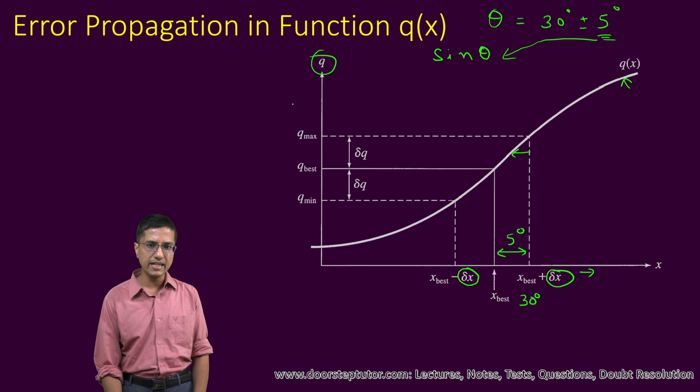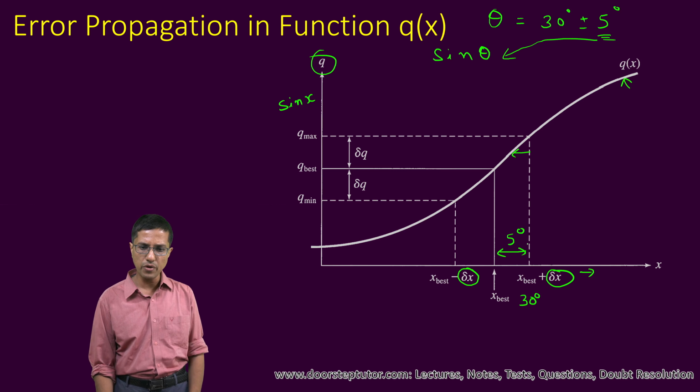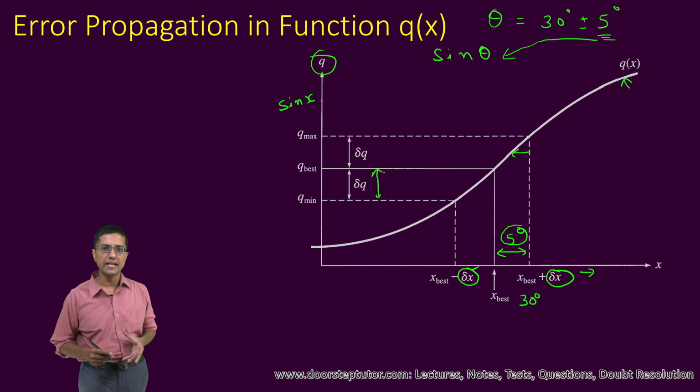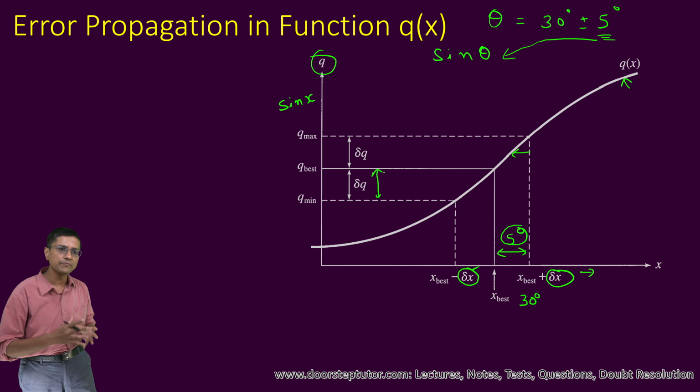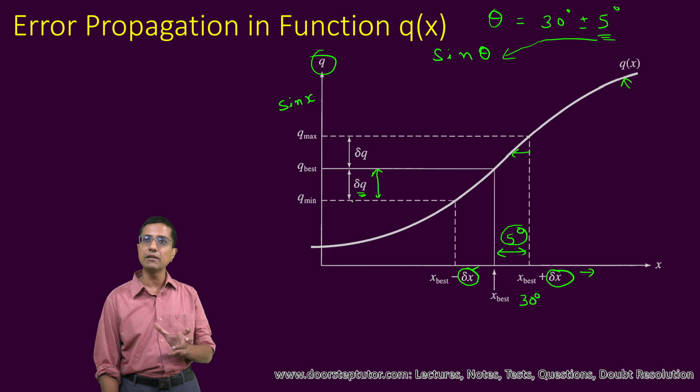This q of x, in our case, we have taken to be sine theta or sine x, whatever you want to call it. And we want to know, what does this 5 degrees, this delta x, translate to in terms of sine theta? That's our objective.